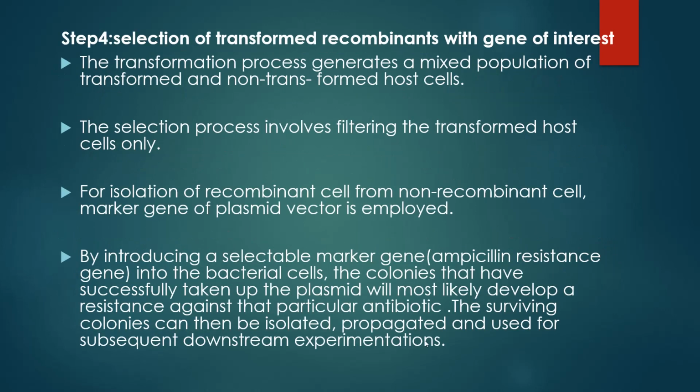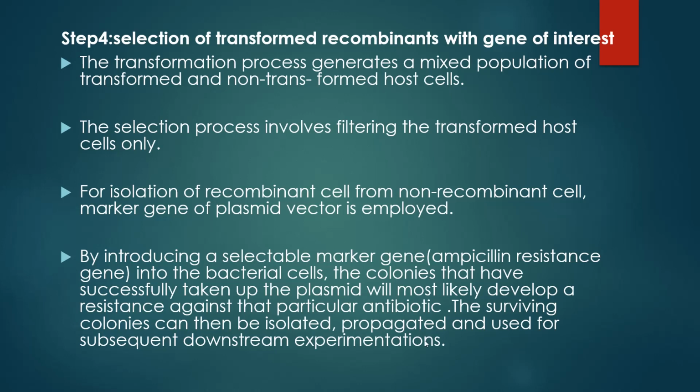And the fourth one is the selection of the transformed recombinants with the gene of interest. After introduction of recombinants into a suitable host, we have to select the transformed recombinants. That means those that contain our desired gene.